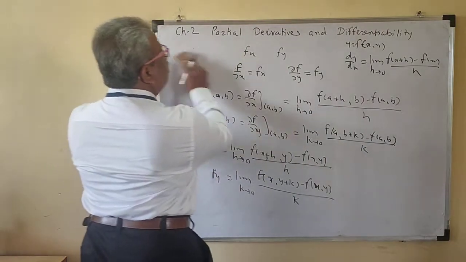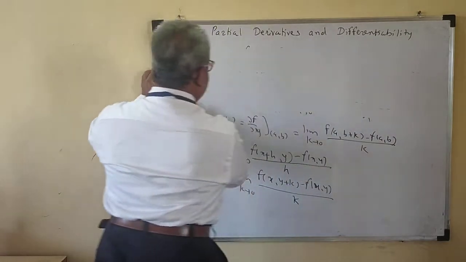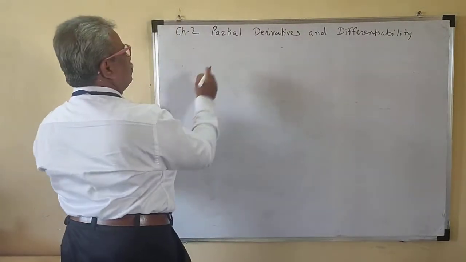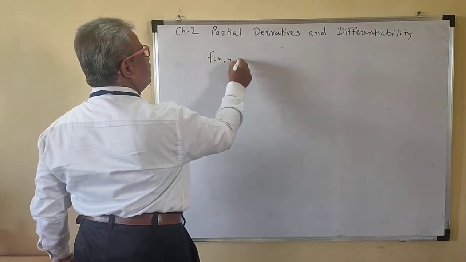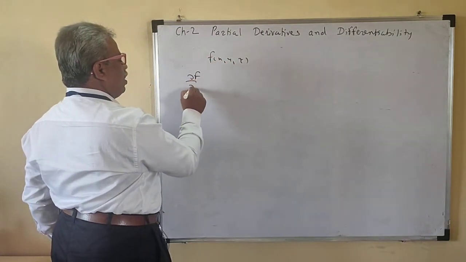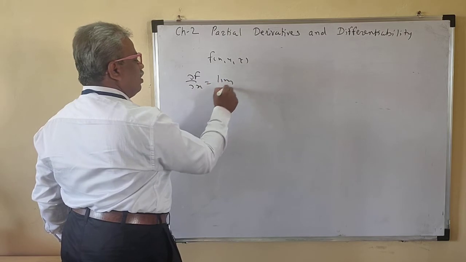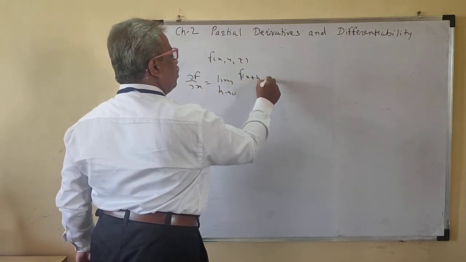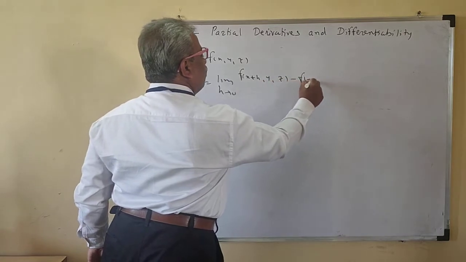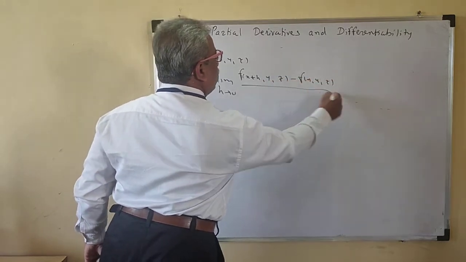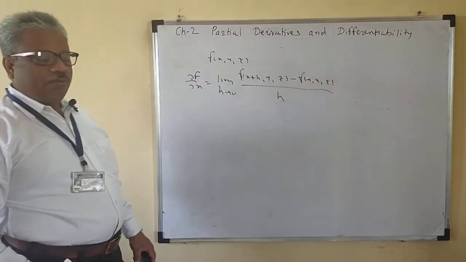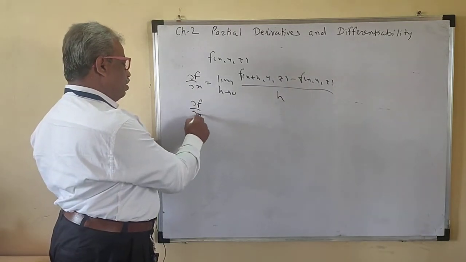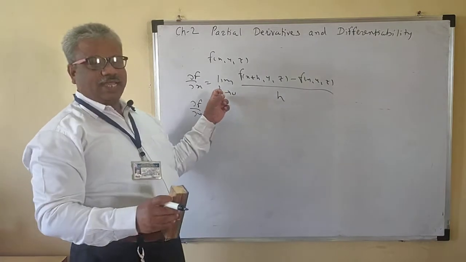Same thing here. Suppose we have the three variable function f of x y z. Then dou f by dou x is the limit h tends to 0, f of x plus h, y, z minus f of x y z upon h. For dou f by dou y, same thing, we write k tends to 0.